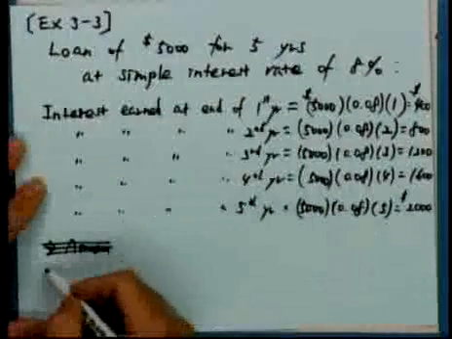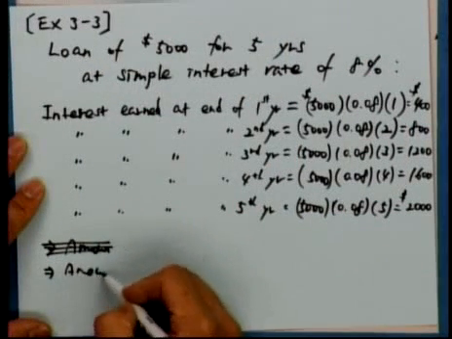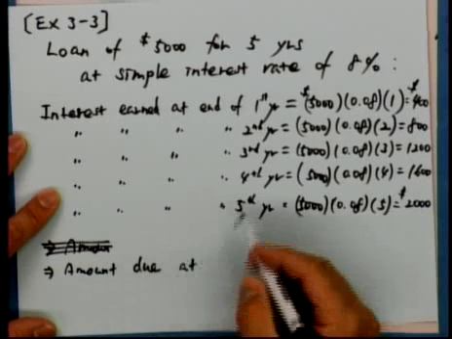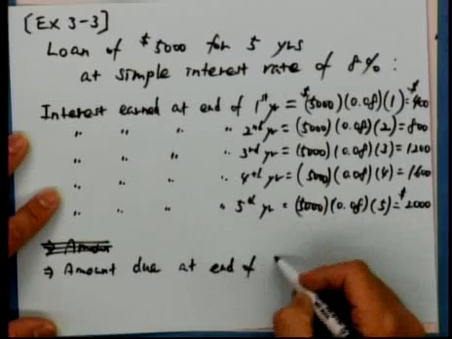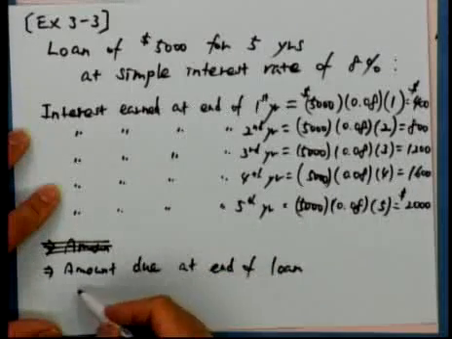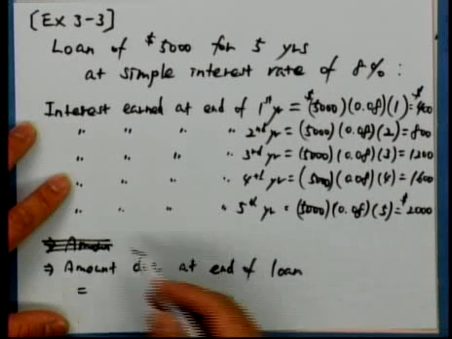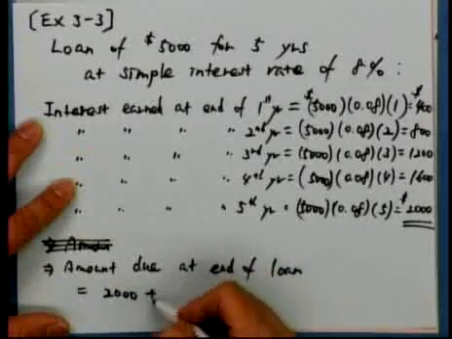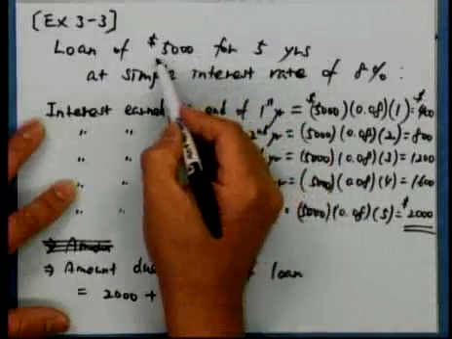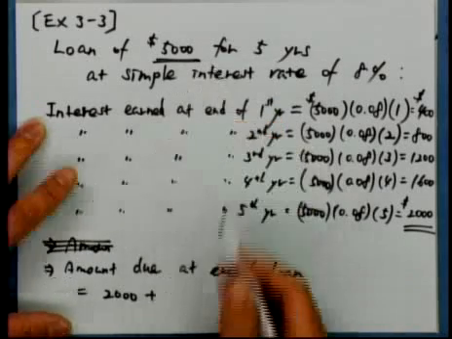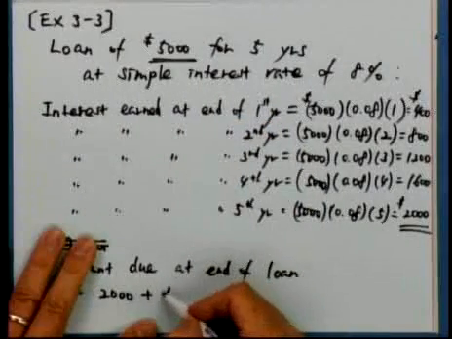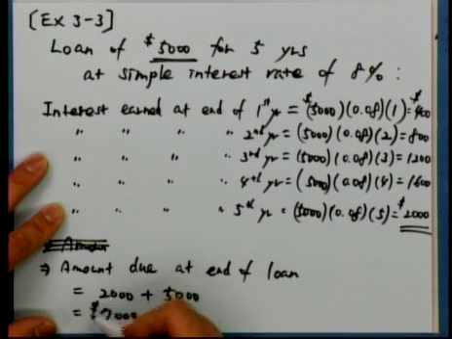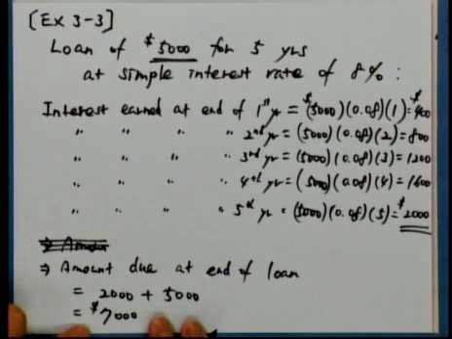So the amount due at the end of the loan would be $2,000 from here, right? Plus the initial loan amount, which is $5,000, which is $7,000. Okay, so that will be the answer for the second question.